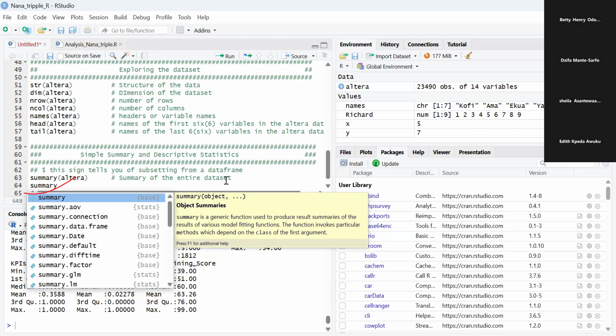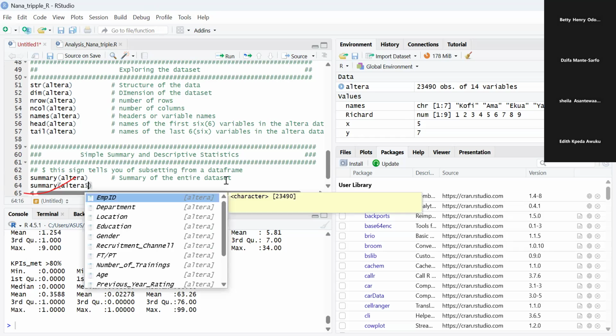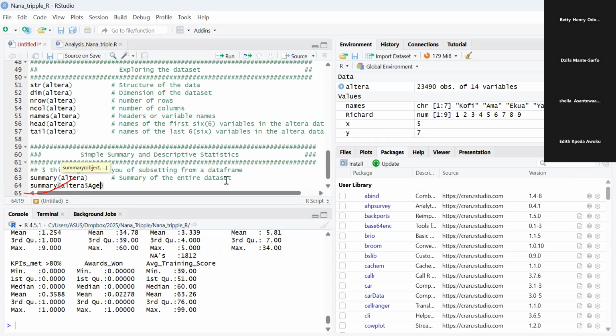So summary, usually sometimes these specific variables, they sometimes don't work, I don't know. So let's see, summary, education, age. Let's see how it goes.